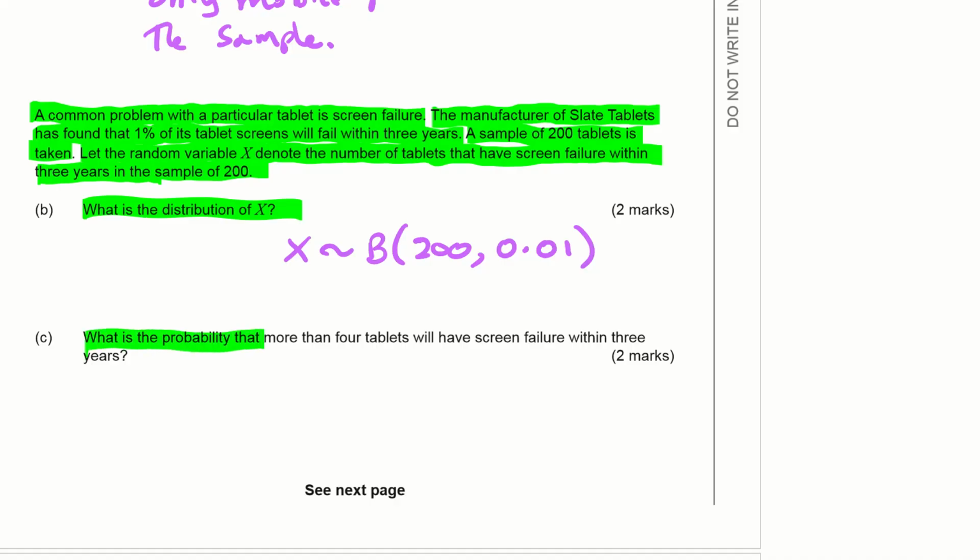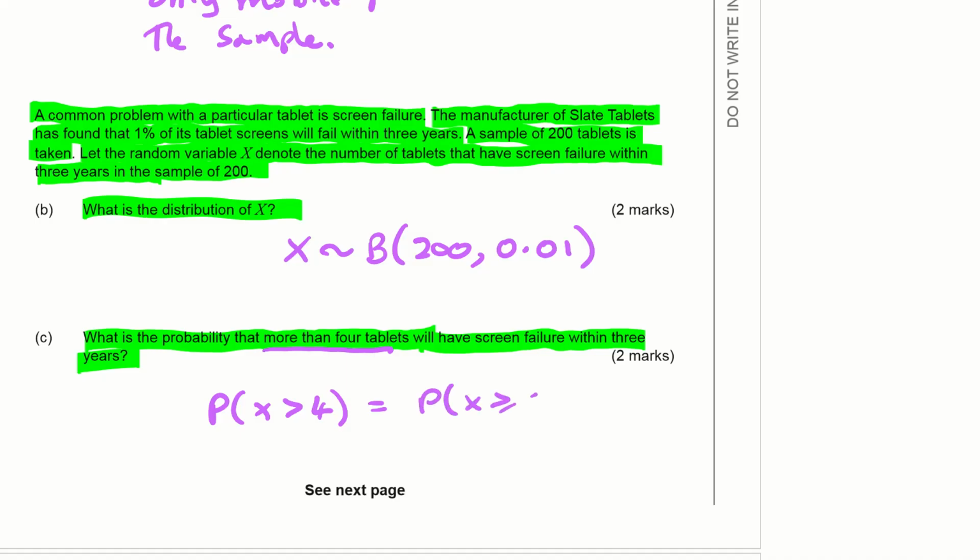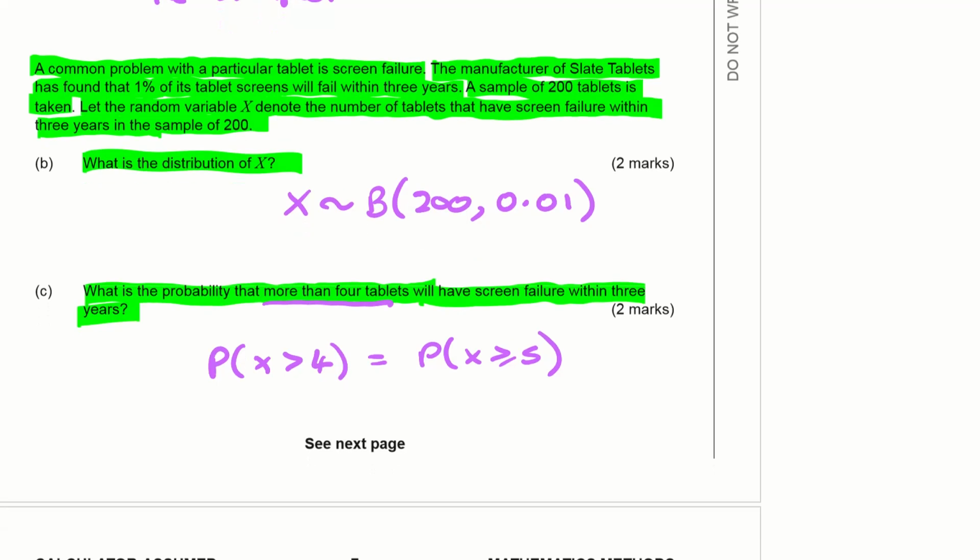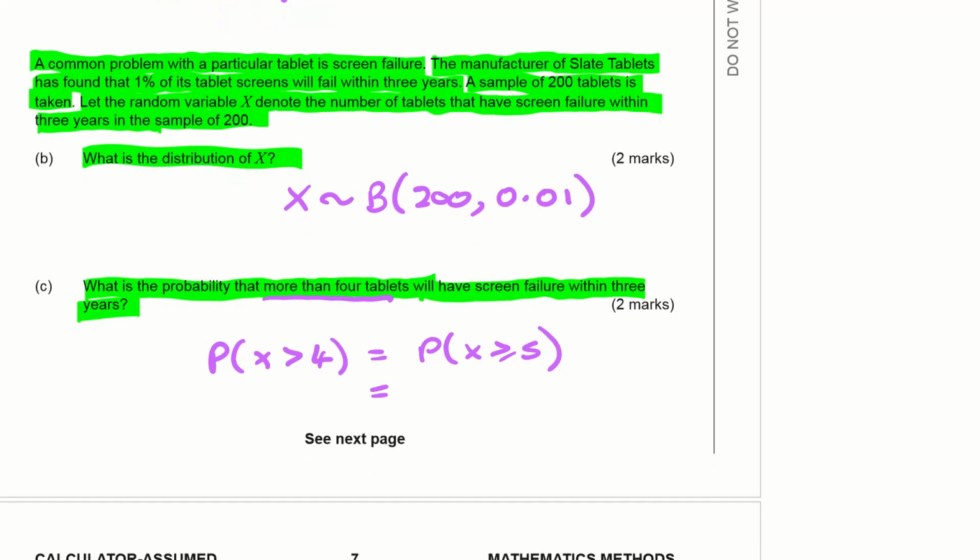What is the probability that more than 4 tablets will have a screen failure within 3 years? So that's more than 4. So we're after the probability of x being greater than 4. And that is the same as being greater than or equal to 5. And we can do this using the calculator.